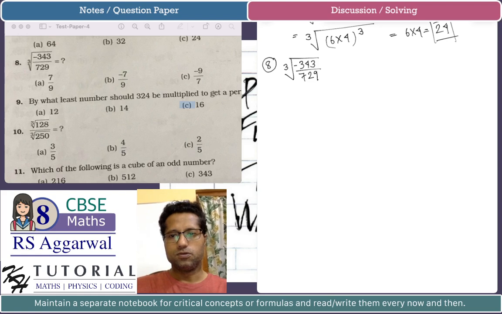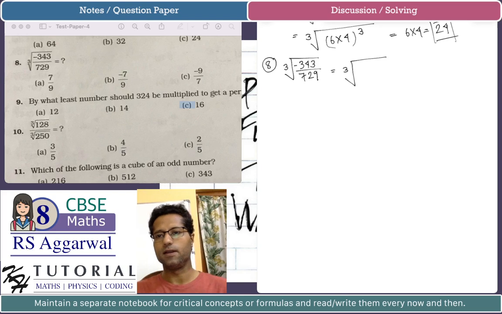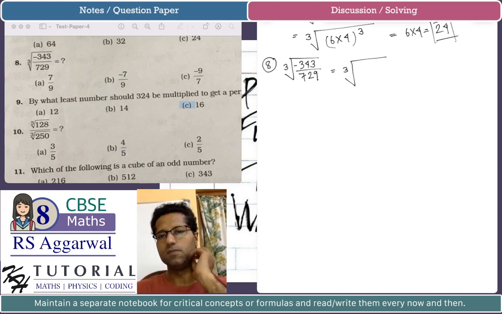Okay. So inside we are having a rational number, minus 343 by 729, and the denominator and the numerator, ignoring their sign, are both perfect cubes. 343 is a perfect cube, 729 is also a perfect cube.